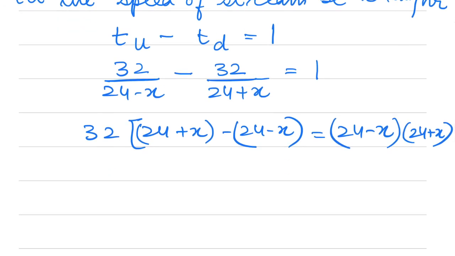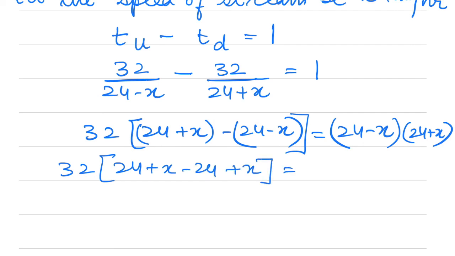So here we have 32 into 24 plus x minus 24 plus x is equal to 24 square minus x square.